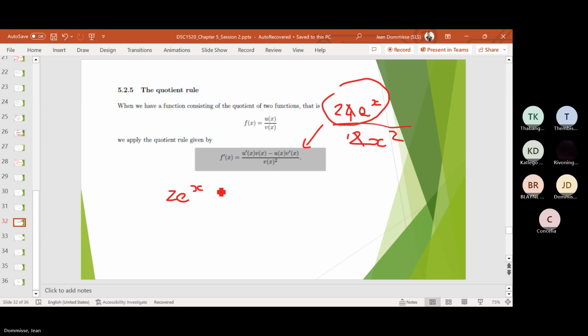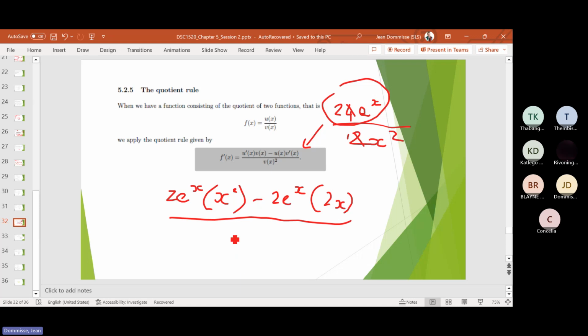Differentiate that times the bottom one. So you'll see it's nearly the same as your product rule. But then we need to say, minus your top one, differentiate the bottom one. So x to the power of 2 would have been 2x.